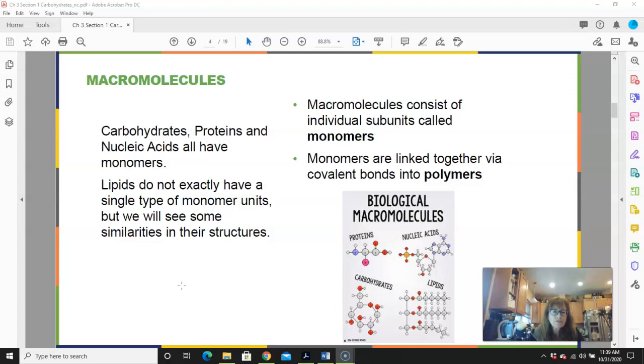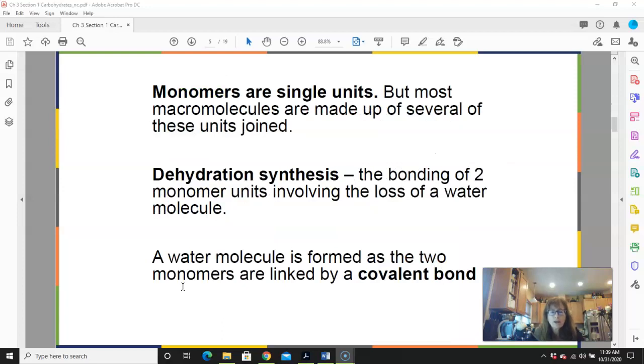Now lipids are a little different, so we'll get into those a little bit later and you'll see why. So monomers, single units, are going to be joined, and then we are going to look at how those units can be formed into the bigger polymer units through a process called dehydration synthesis.